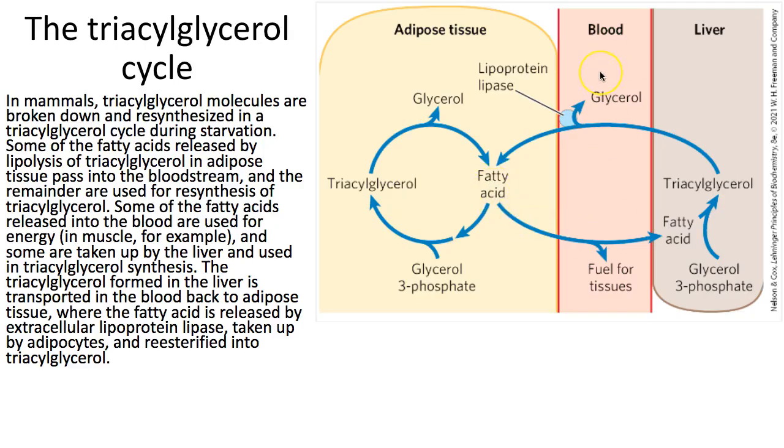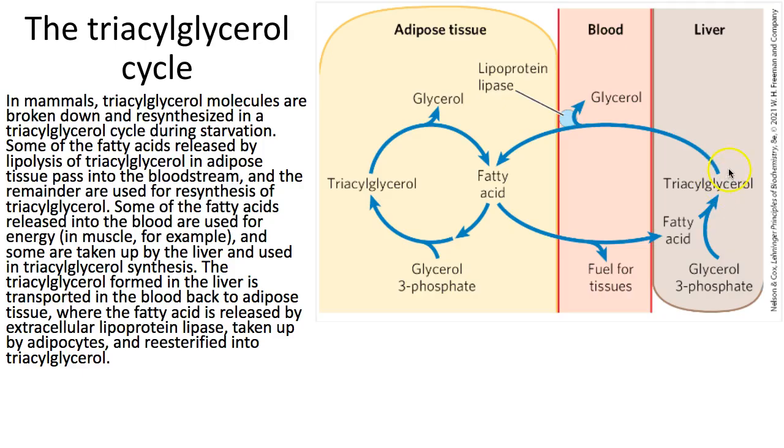And then from there, it can go into your bloodstream, where it can go for fuel for tissues, or it can go into the liver. And once the fatty acid is in the liver, it interacts with glycerol 3-phosphate to recreate this triacylglycerol once more.